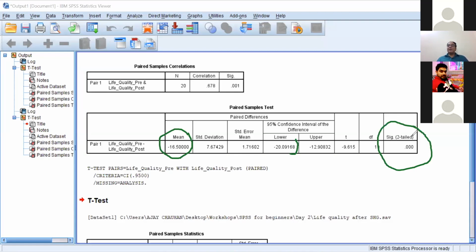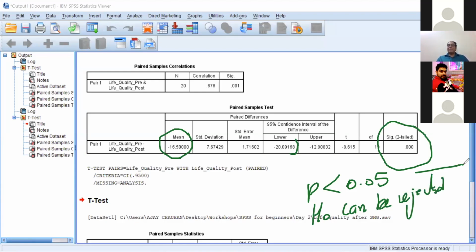You can see that this significance two-tailed value is the probability value, and this probability value is found to be less than 0.05, right? And so we can say that the null hypothesis can be rejected. So we have a very clear conclusion after this, right?